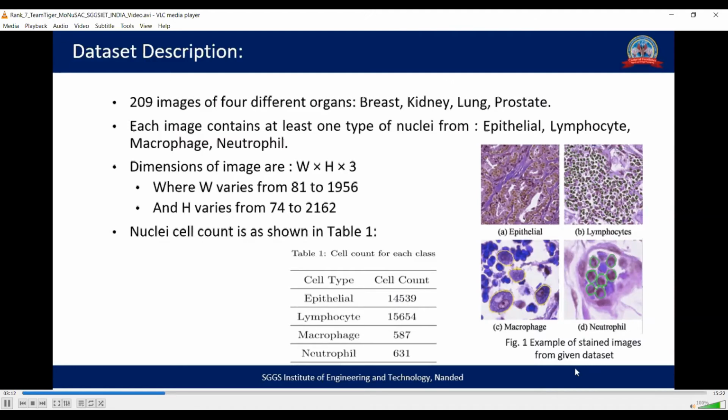The width W varies from 81 to 1956, whereas the height H varies from 74 to 2162. The cell count in total images is shown in table 1, and figure 1 shows examples of stain images from the given dataset. These figures also show the annotated markings of the desired 4 cell types.